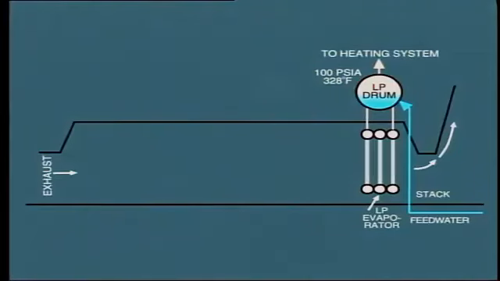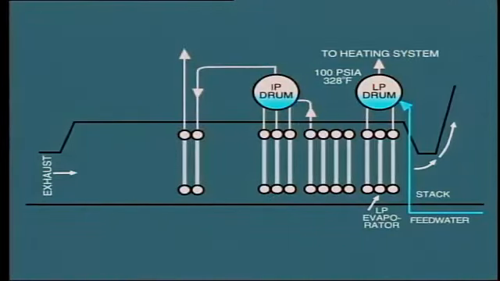Now, let's look at the intermediate pressure system, which operates at 400 psia. Note that the incoming feed water must have sufficient pressure to overcome the pressure in the steam drum. In this case, the feed pump is delivering 600 psi to the control valve.